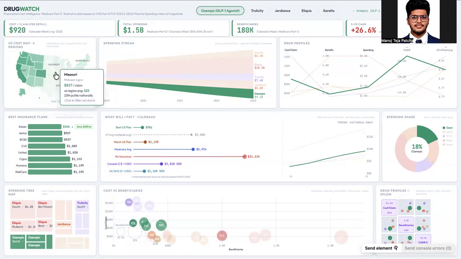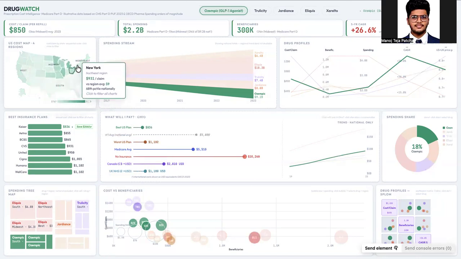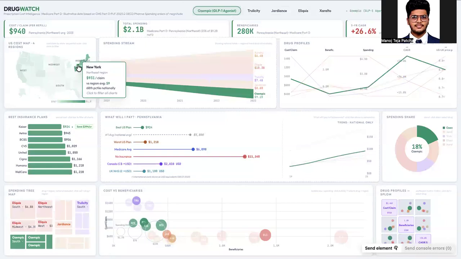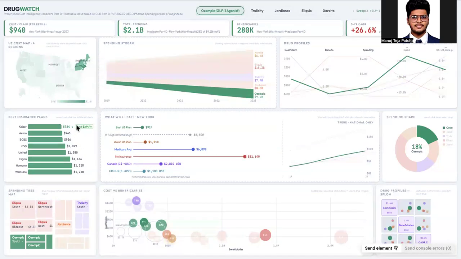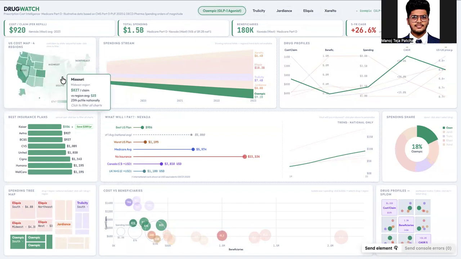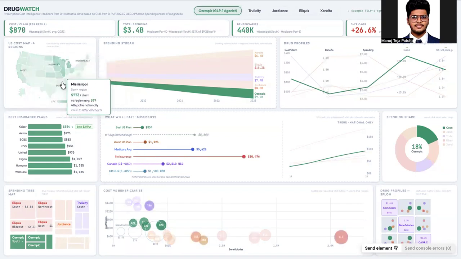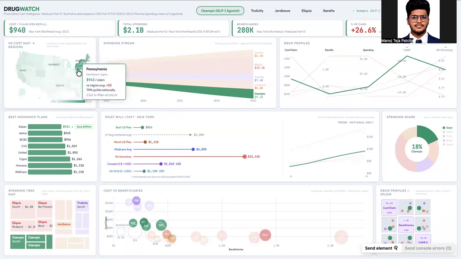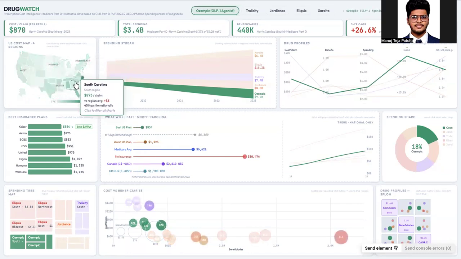We can also select individual states like New York, Pennsylvania, Ohio, and we can see things changing according to the state. Also, I've implemented regions, where the South, West, Midwest, and Northeast regions can be analyzed as a whole.